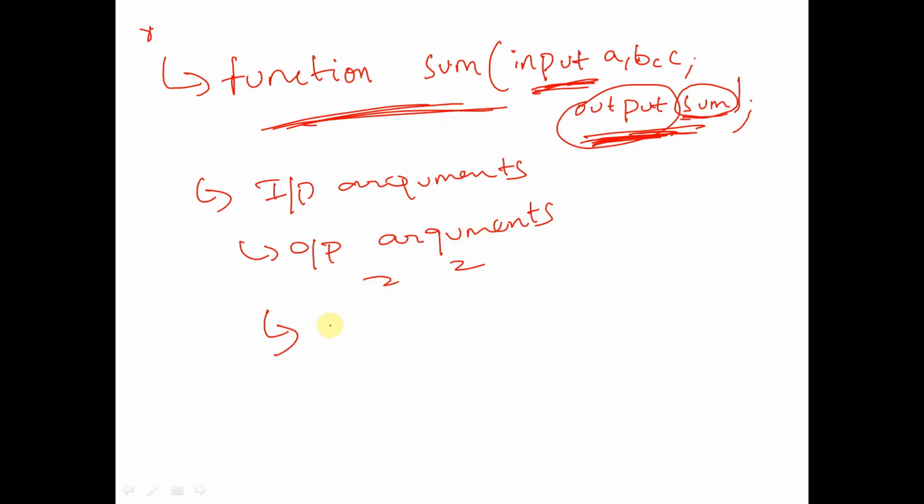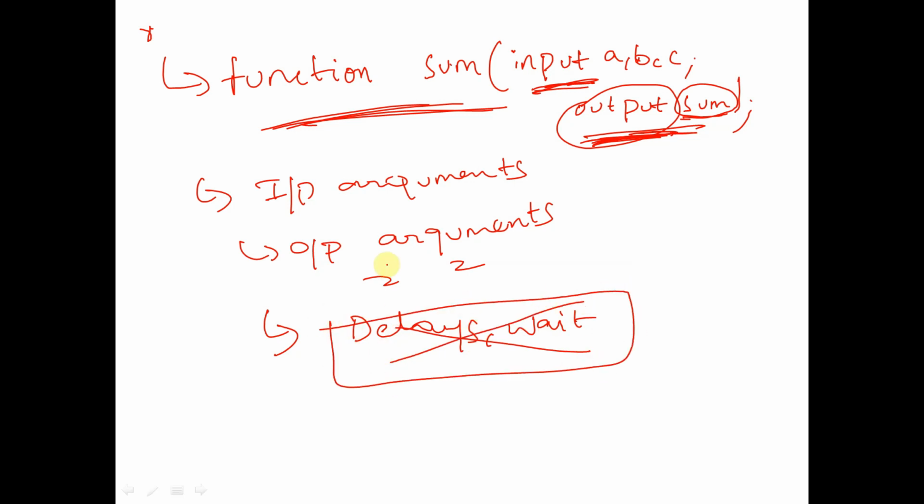And similar to Verilog, we cannot have delays or wait statements in functions of SystemVerilog. This function should be executed in 0 time units, in both Verilog as well as SystemVerilog.